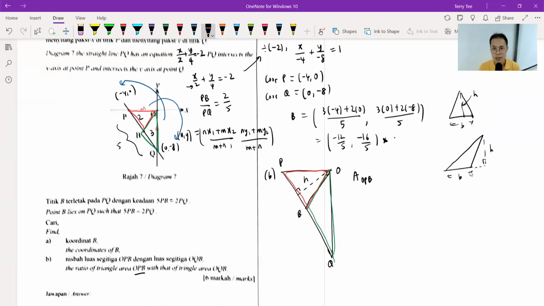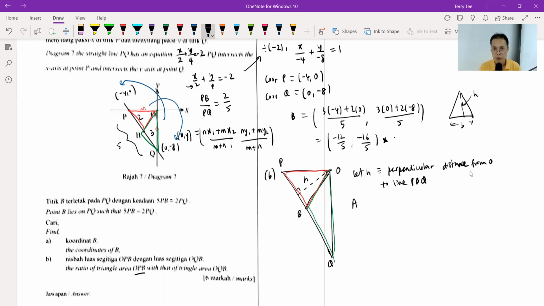Let H be the perpendicular distance from O to line PBQ.